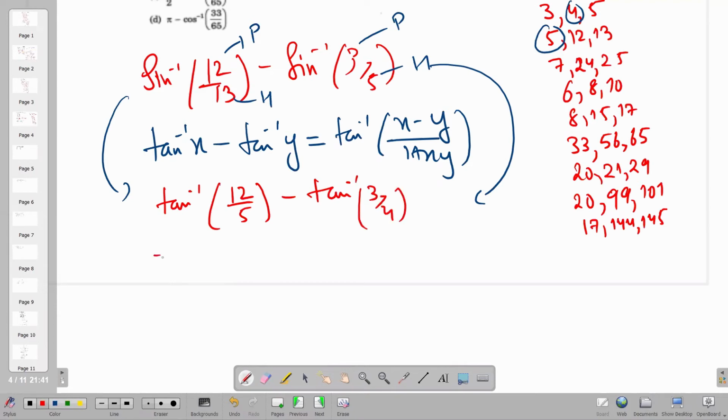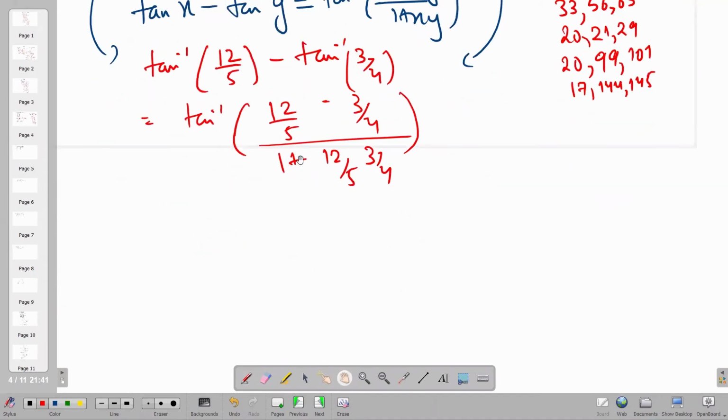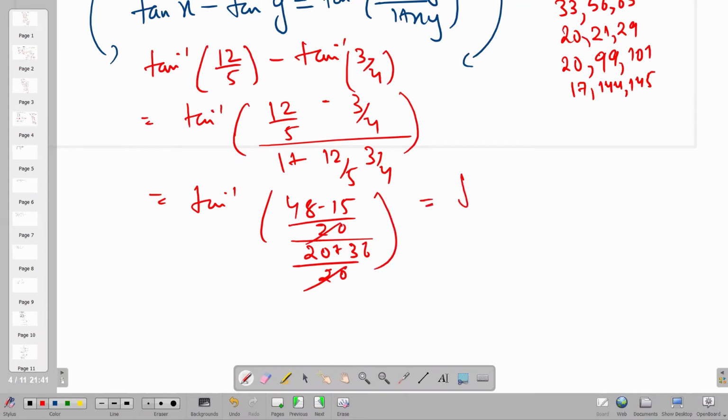And using the above identity, I can replace this by tan inverse of (12 by 5 minus 3 by 4) upon (1 plus 12 by 5 into 3 by 4). Further solving, I get this as tan inverse of (48 minus 15) upon 20, over (20 plus 36) upon 20. On further solving, I get tan inverse of 33 upon 56.